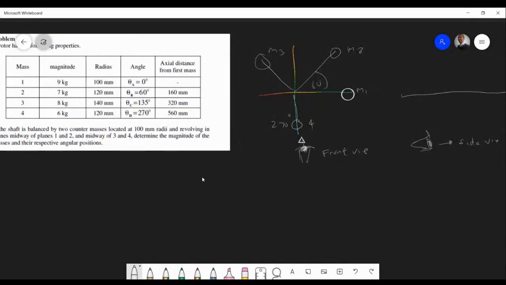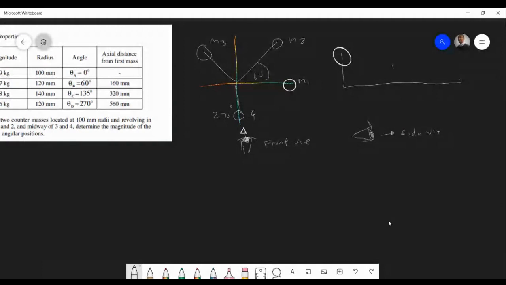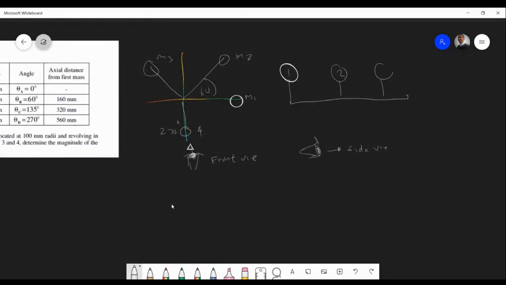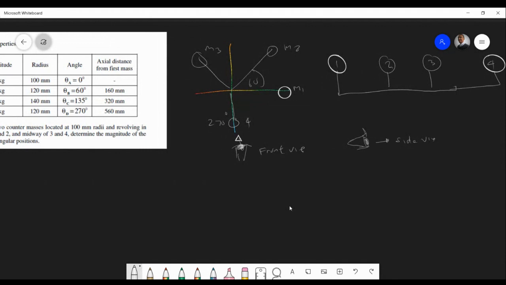So mass 1, we're going to start off with mass 1, because that's at the 0 point. Then 160 millimeters away is mass 2. And the other one is 320. And the other one is 560, sorry. So I'm just gonna have the distances like this. 160.